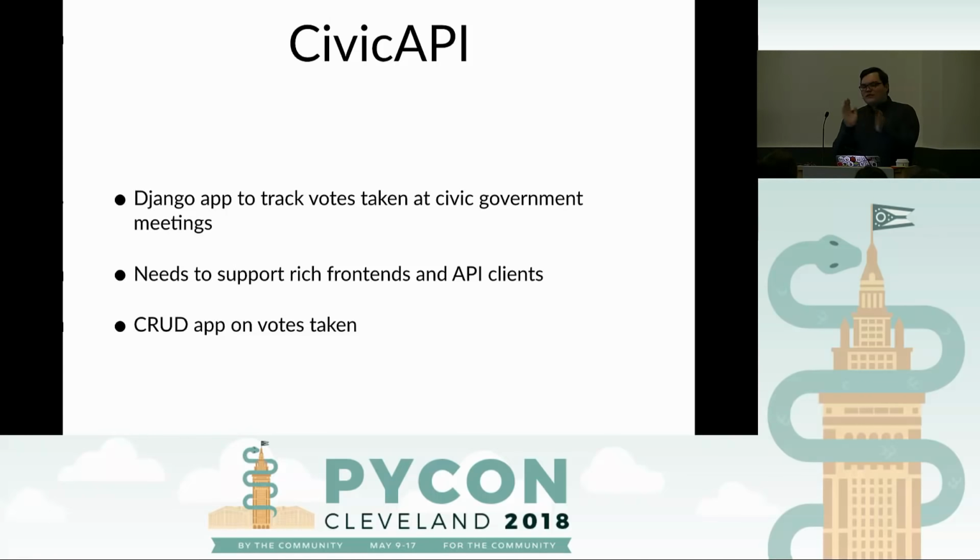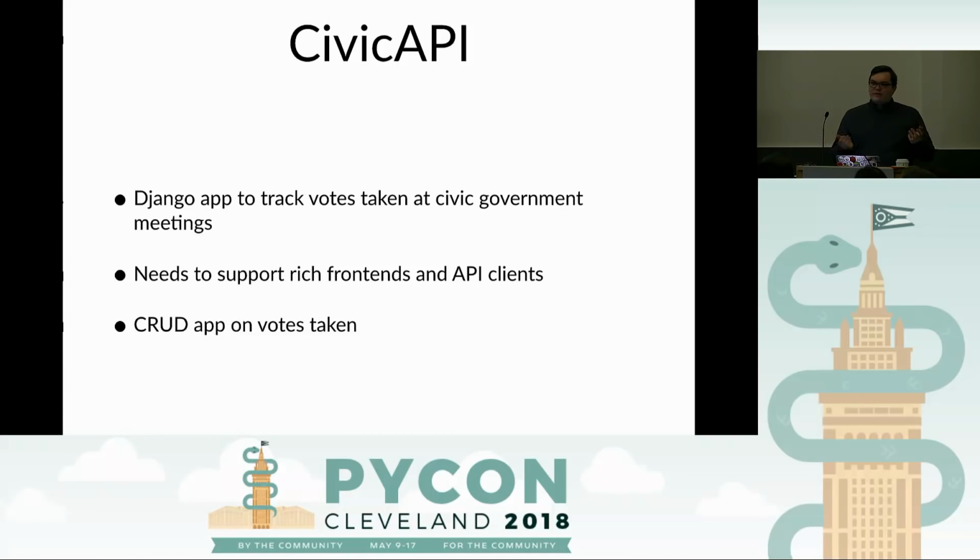So hopefully something that we can accomplish in the few hours we have together today. Obviously, there's a lot of places we could go with it, but the first requirement from the client is tracking votes, when they were taken, what the vote was about, and how many people voted yes versus how many people voted no. It does need to support rich front-end clients that are going to be written by another contractor, and needs to support API clients.